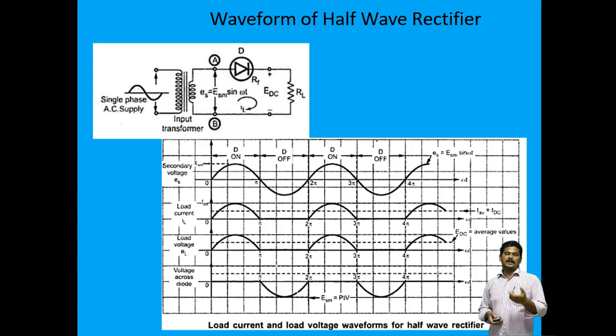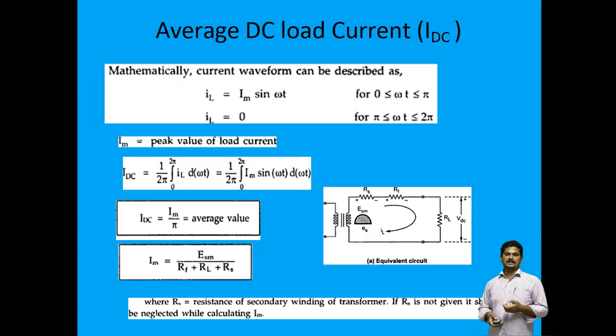So the output of the half-wave rectifier will be present only for 0 to pi, 2 pi to 3 pi, and 4 pi to 5 pi. The middle sections are eliminated due to the use of a single diode, since from pi to 2 pi the diode is reverse biased.